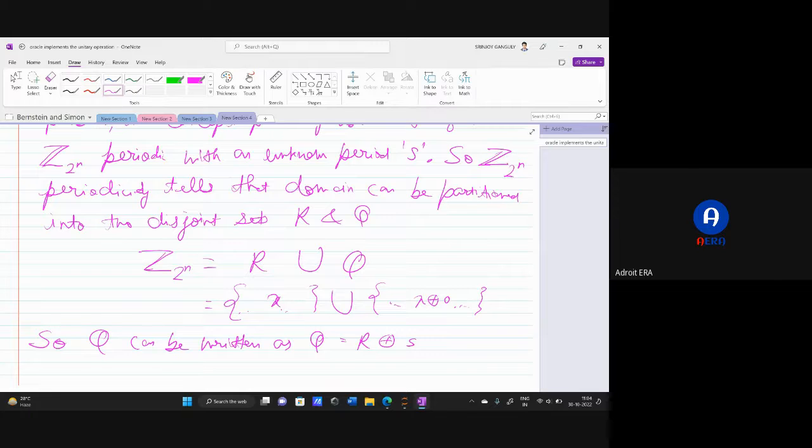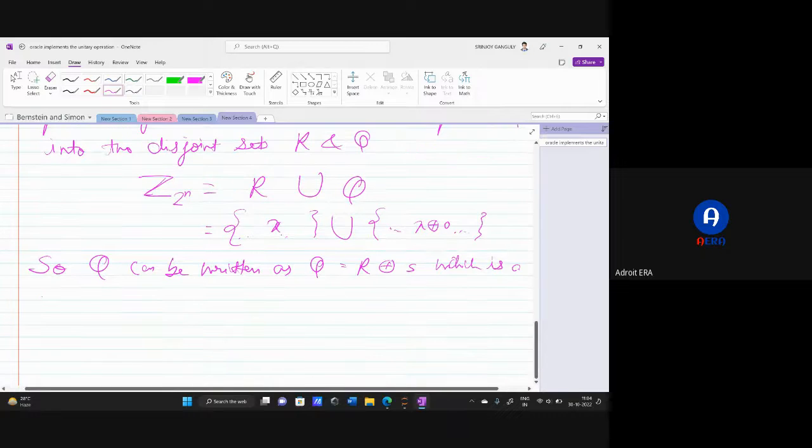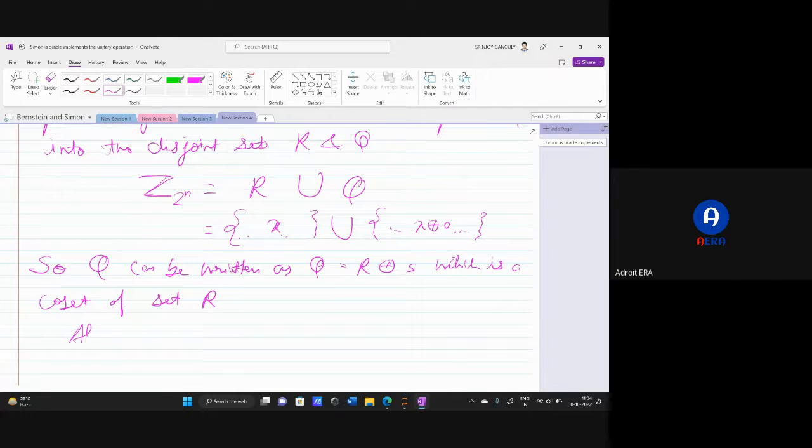So R XORed with s is a coset of the set R. We have seen that for the disjoint sets R and Q, Q is the coset of set R. Also, R is equal to R XORed with 0.